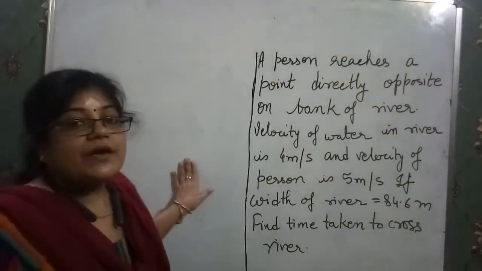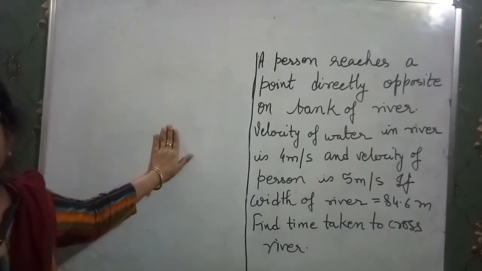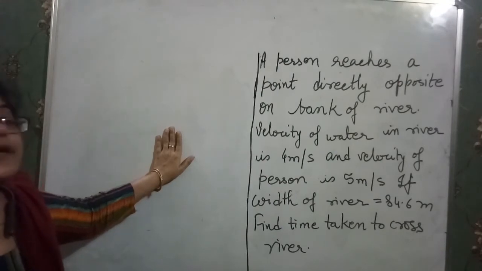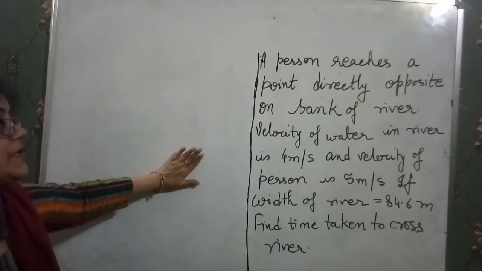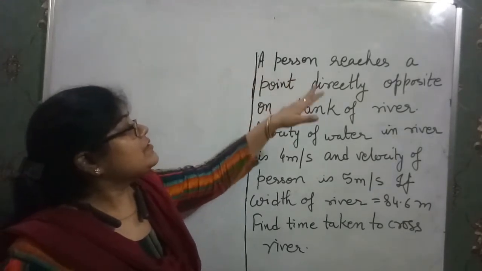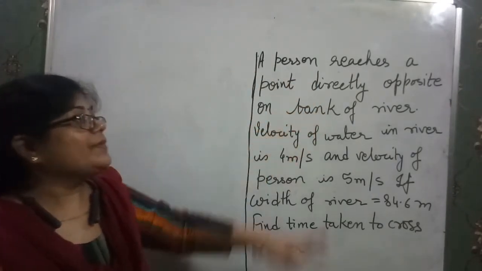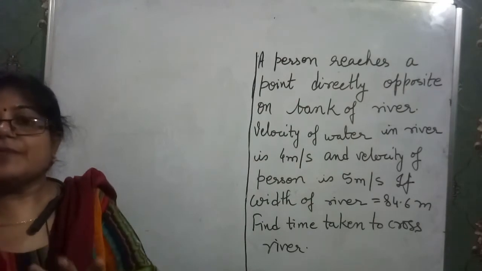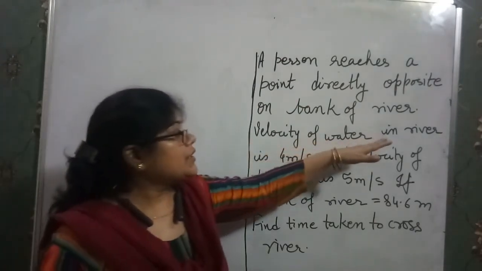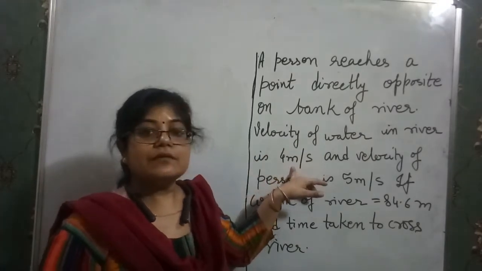Now this topic is based on the relative velocity, relative speed. That means relative motions. This question is based on the relative motion. Now the question goes like this. A person reaches a point directly opposite on the bank of the river. That means there is a man who is crossing a river. Velocity of water in the river is 4 meters per second.